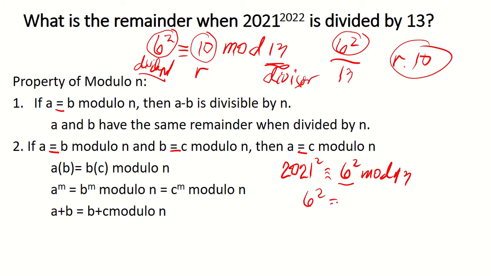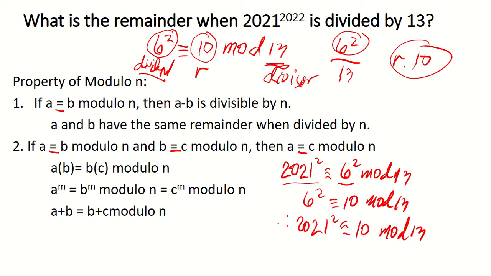So 6 squared is congruent to 10 modulo 13. So we know that 2021 squared, kung i-divide natin yan, i-minus na natin 36, that is divisible by 13. And 36 minus 10 is also divisible by 13. So therefore, we can say by this property that 2021 squared is congruent to 10 modulo 13. That is by the transitive property.